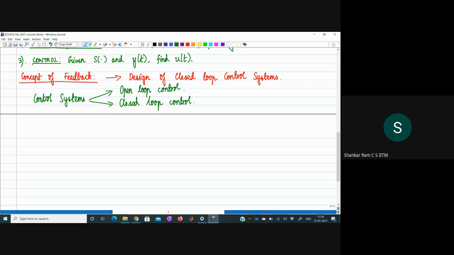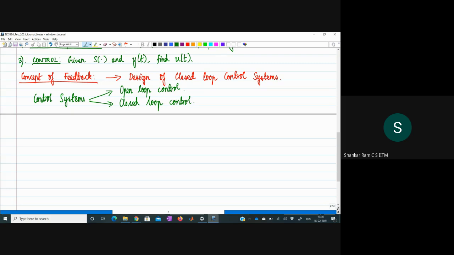The manufacturer of the ceiling fan essentially presets or calibrates the position of the regulator to a certain speed of rotation of the fan motor shaft, and then they provide it to us. So that is an example of open loop control.